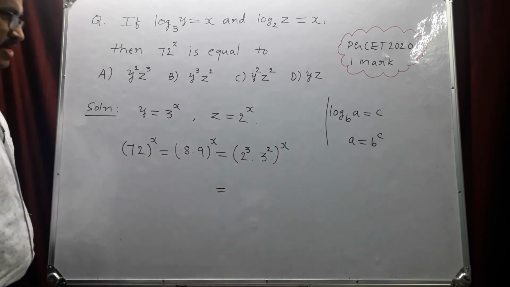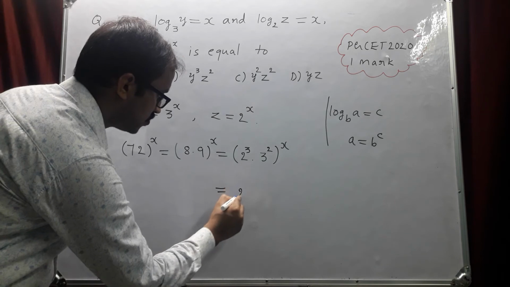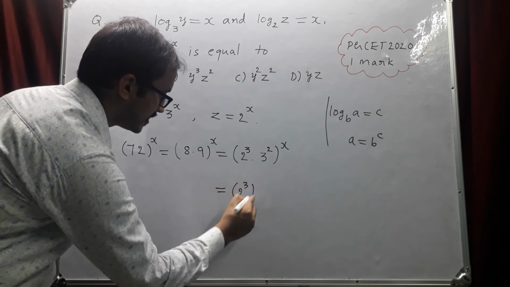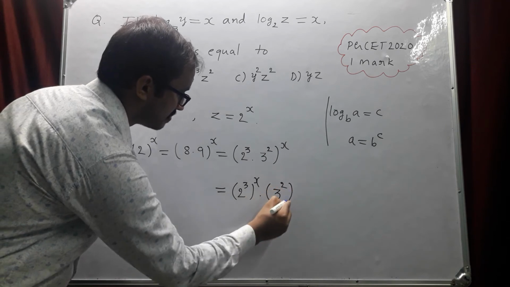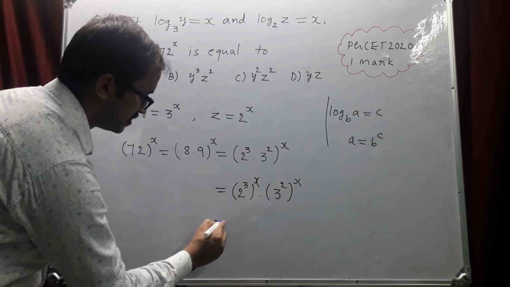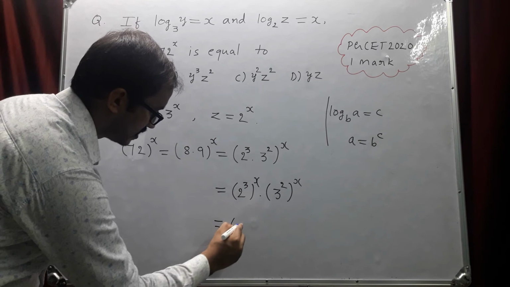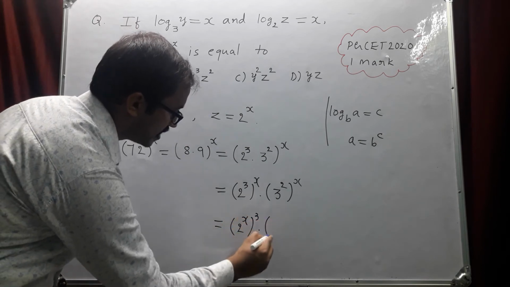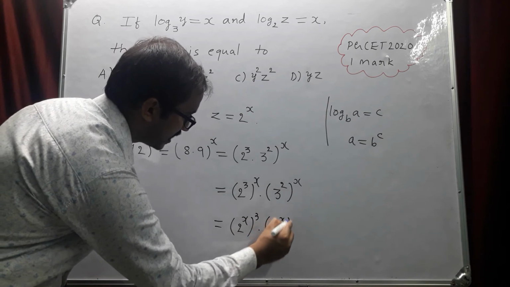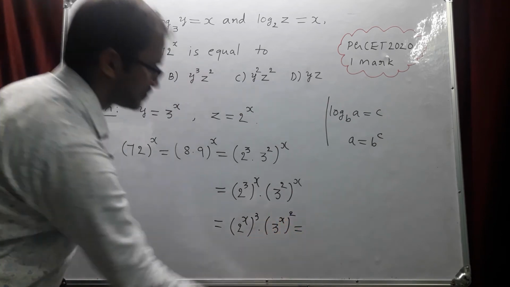That is the same as 2 cube power x into 3 square power x. Or I can write it as 2 power x whole cube into 3 power x whole square.